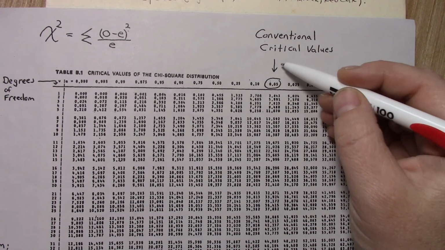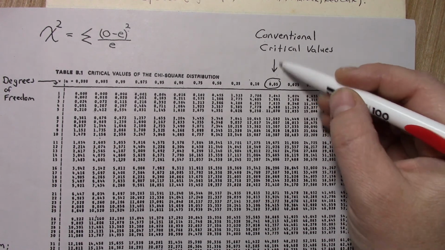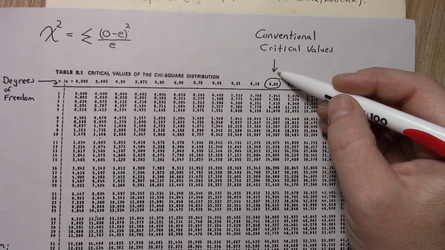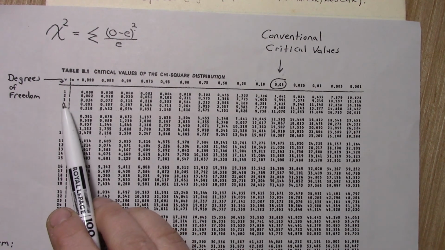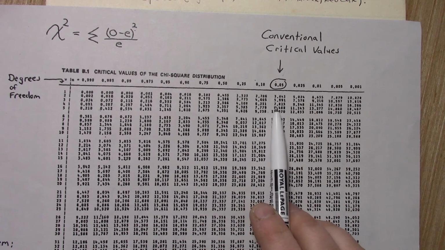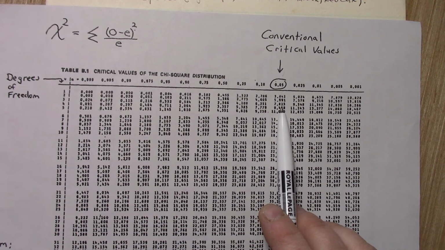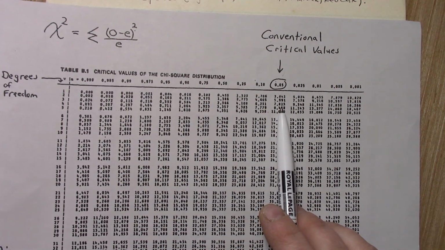So basically, our degrees of freedom is 3, so we need to follow our third row across all the way to the column that's 0.05. And we find that our critical chi-squared is 7.815.